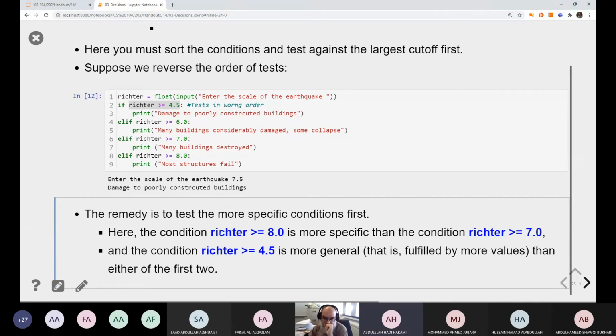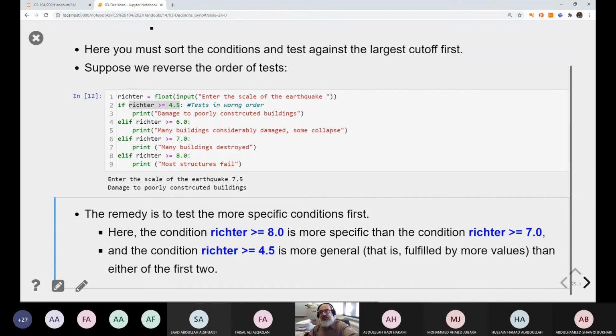Doctor, a way to fix this code is to flip the inequality signs. Yes. So I will start with if Richter is less than 4.5. How many categories less than 4.5? Only one. Then, if it's less than 6, how many categories?